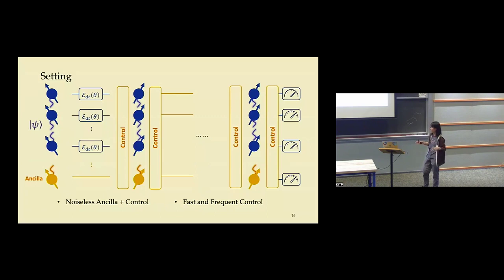And then again, we assume this ancilla is noiseless, and all this quantum error correction control is noiseless. So basically, we don't consider any fault tolerant situation in this case. And then the other assumption is we can do the control very fast in a frequent manner. That means we can allow the system to evolve for an amount of time dt, where dt can be very small, and we consider a limit where dt is very small.